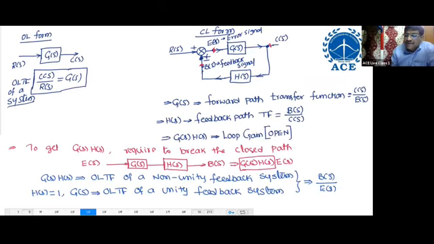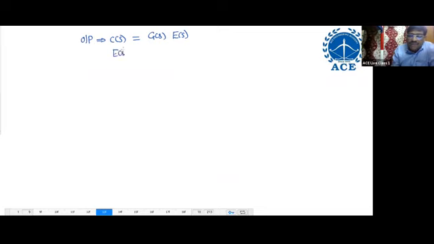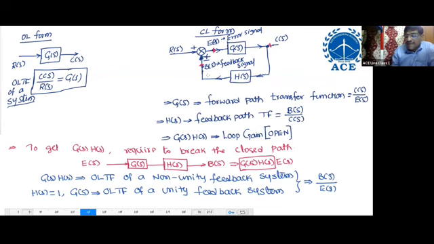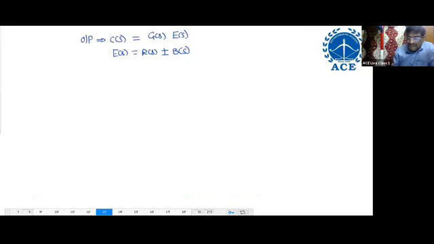E of S equals R of S plus or minus B of S. Yes or no? So what is B of S? B of S equals H of S into your input, which is C of S, na? So B of S equals C of S into H of S.